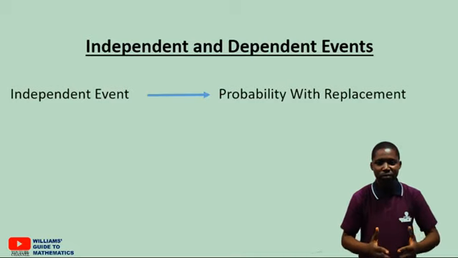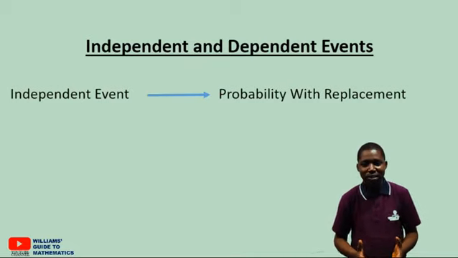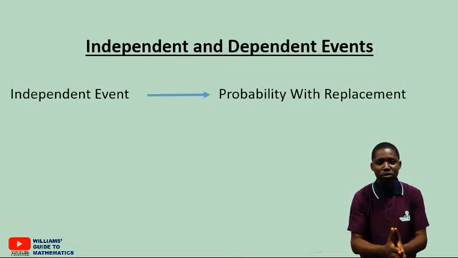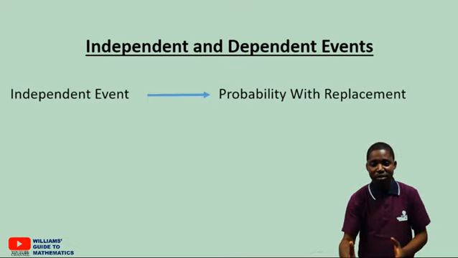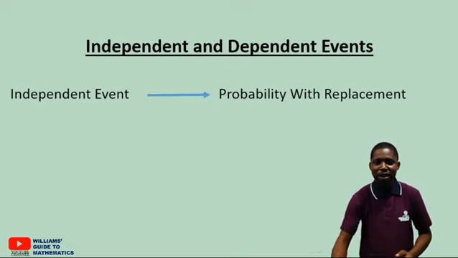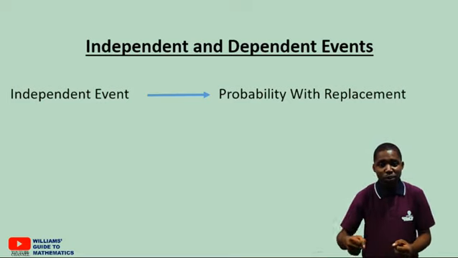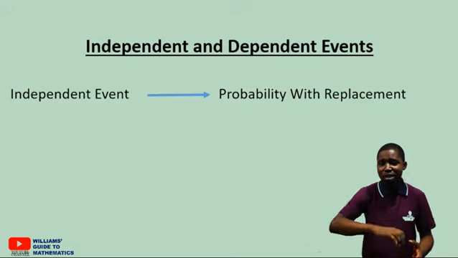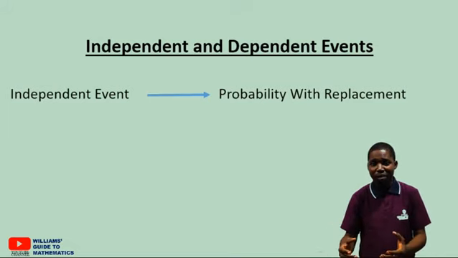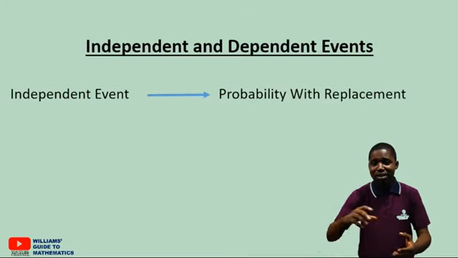Take for example, in a basket, I have 3 blue and 4 red. With replacement, if I pick my first blue ball out, then to pick the second one, I'm going to replace the ball. So I'm having 3 and 4 as before.